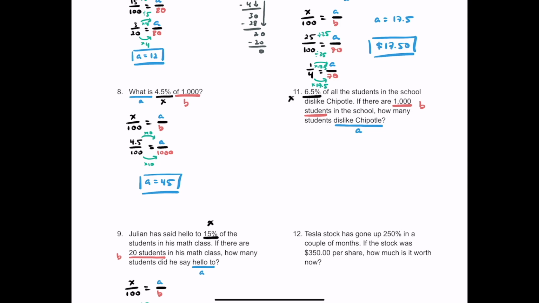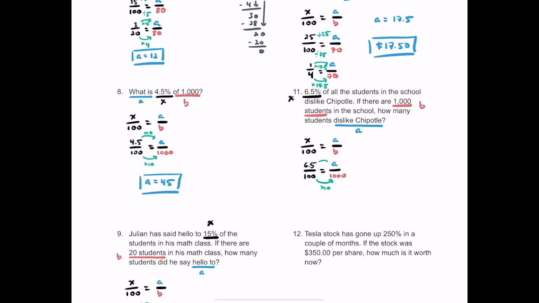The percent proportion, hopefully you're getting used to, is X to 100 equals A to B, part to whole. X is 6.5. I know it's a little weird, but you can totally have decimals in fractions. If we can simplify it later, we will. A is our unknown, and there were 1,000 students, so put 1,000 down here. 100 times 10 is 1,000, so no simplifying.